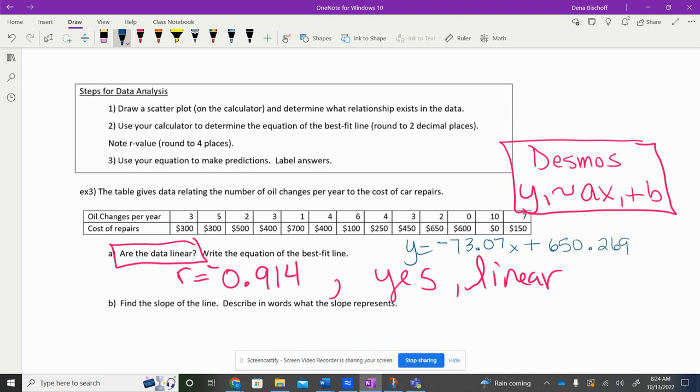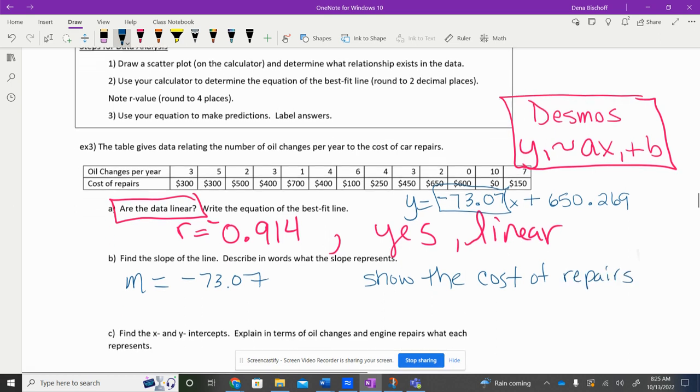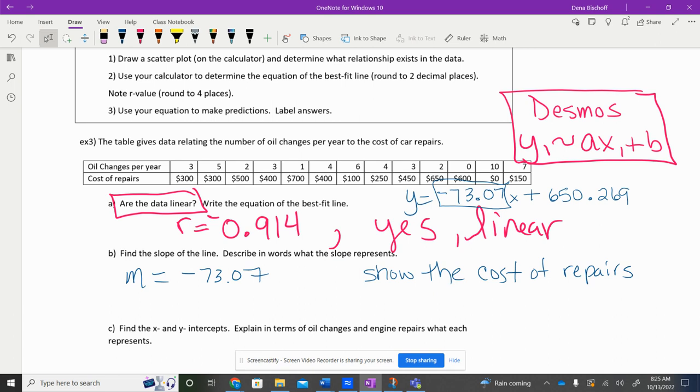So what is the slope of the line? Well, my slope is this value right here, negative 73.07. What does that slope represent? It shows me that the cost of repairs are decreasing.